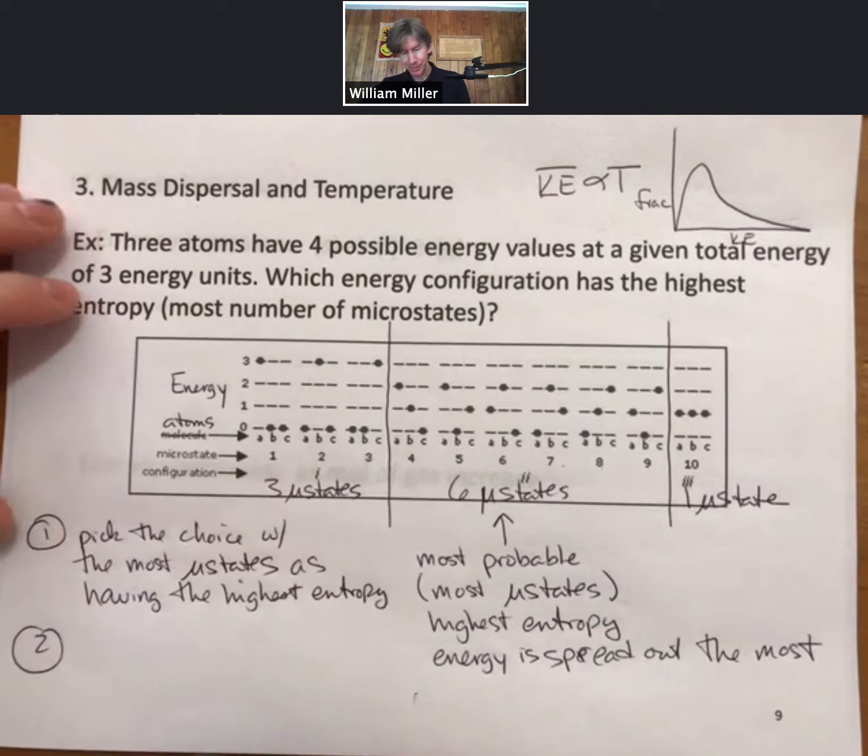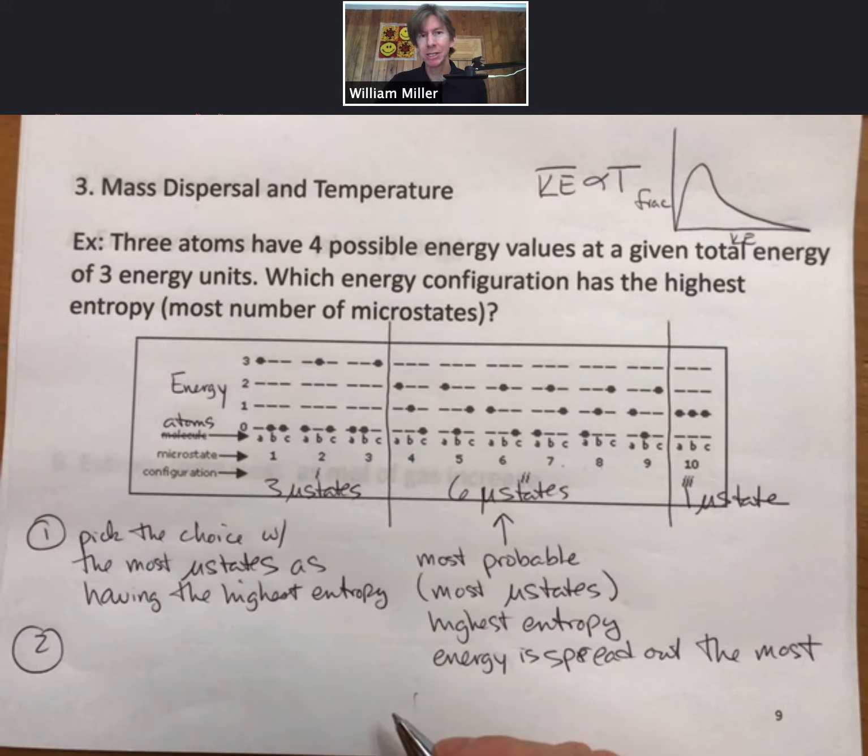And then two, if you're asked to do the distribution yourself, distribute the mass, the matter, over as many possible places, as many possible energy states as possible.